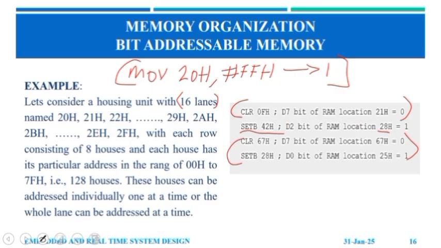Each block or row consists of 8 flats, and we address each of those 8 flats as 00H down to 7FH. So from 00H to 7FH, we have a total of 128 flats.